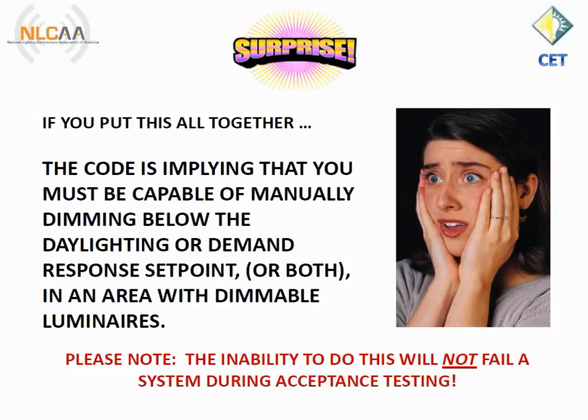Surprise! Remember, acceptance test technicians do not test the functions of area multi-level controls as such, but they could become quite confused during testing if an out-of-code multi-level control allows them to override the daylighting controls and hang up the lighting above the daylighting set point, because that is not cricket.